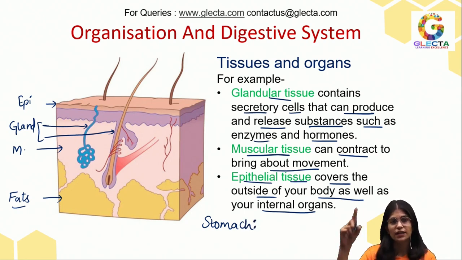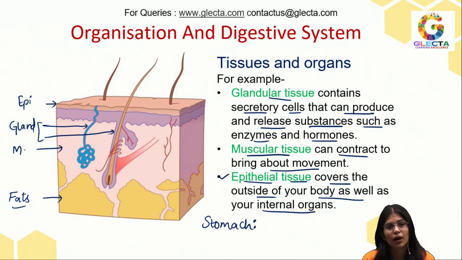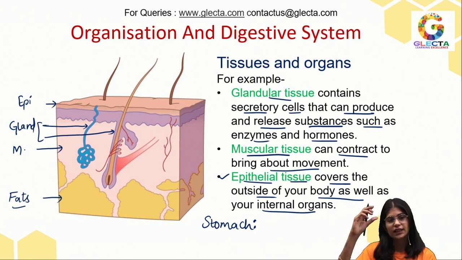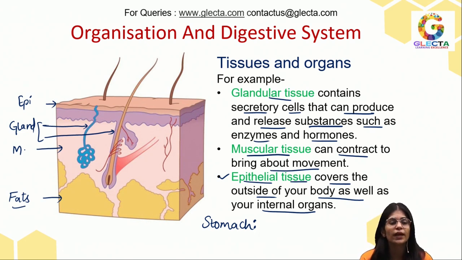Stomach also has muscular tissues around it, and it also has an epithelial layer which is covering the outside of the stomach. So all three layers are present, but in the stomach these three layers together are working for the process of digestion. So similarly, where these three layers are present is going to make a difference because of the kind of function that organ has to perform.